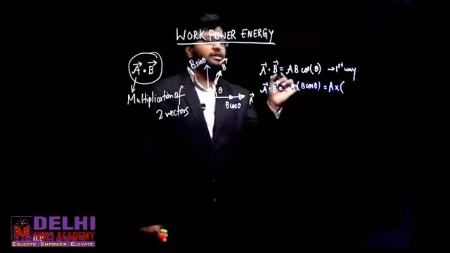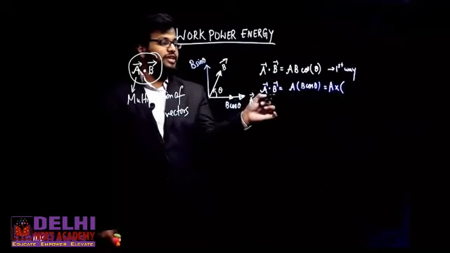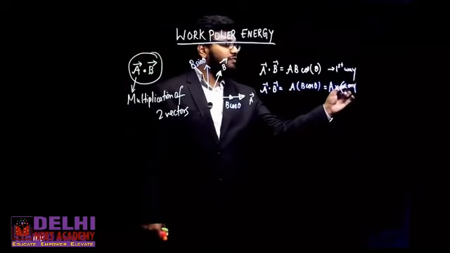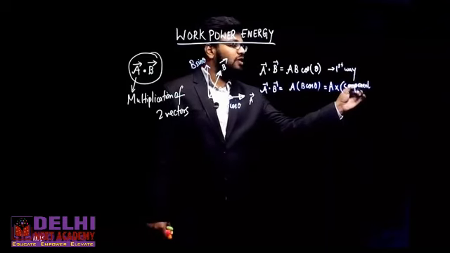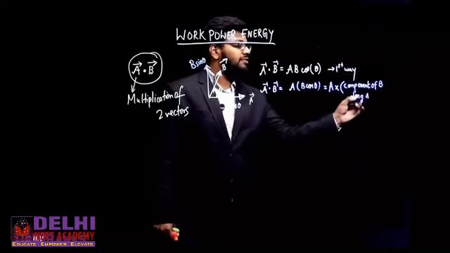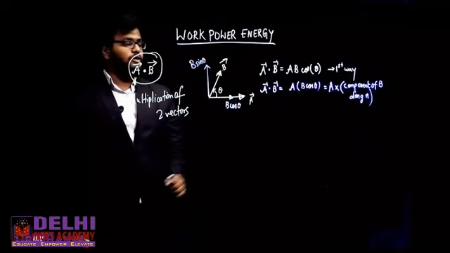Simply instead of writing the magnitude of a into the magnitude of b into cos theta, you can also write a dot b as the magnitude of a into the component of b along a. So this is a dot b.